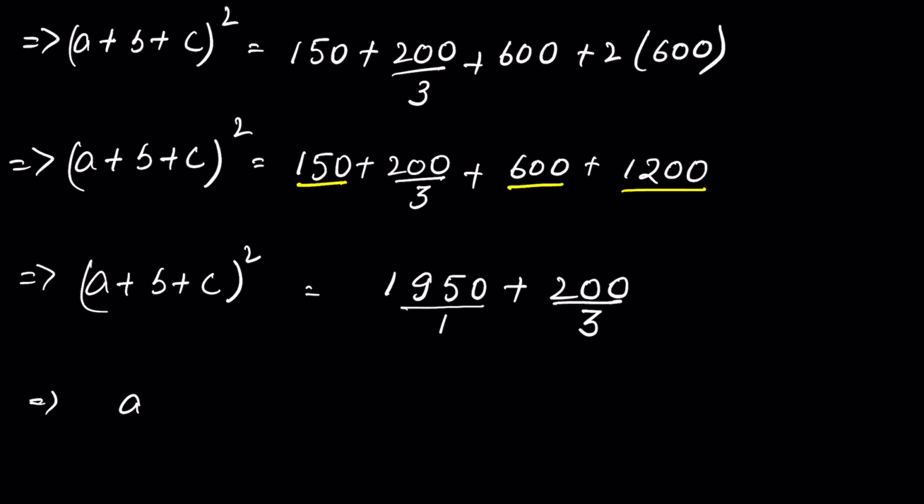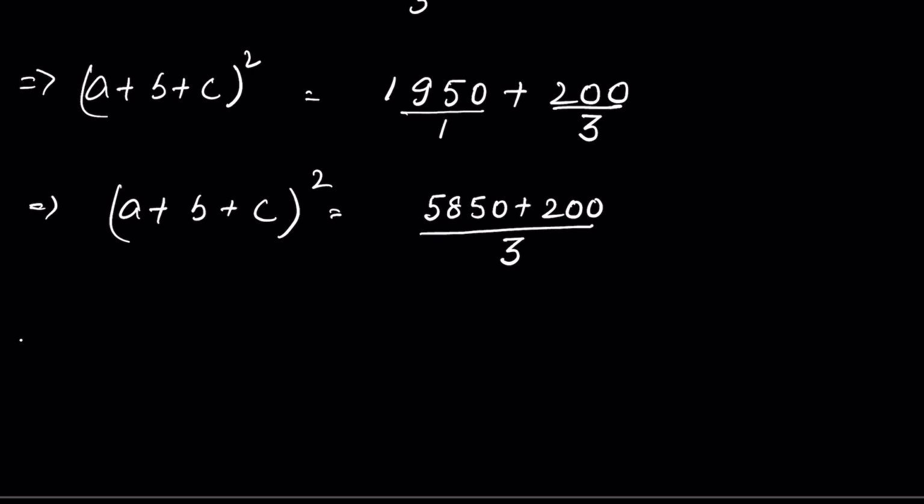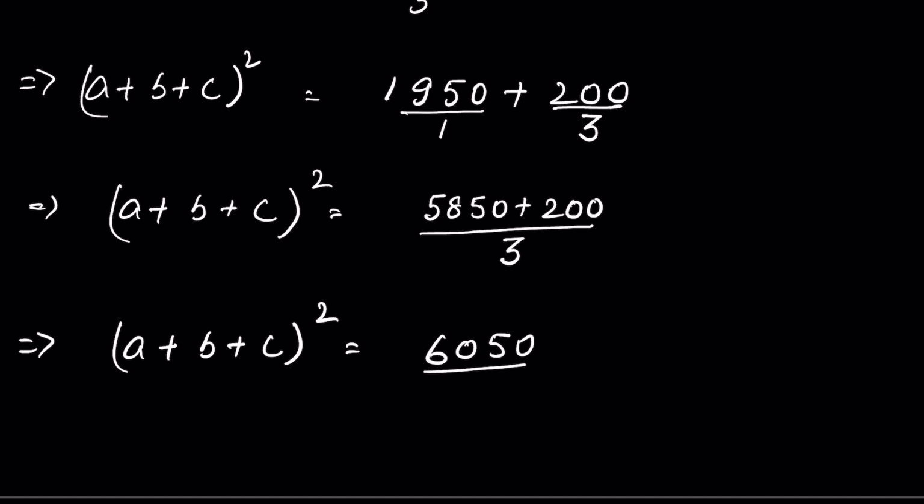LCM is 3. 3 times 1950 is 5850 plus 200, so A plus B plus C whole square is equal to 6050 upon 3.